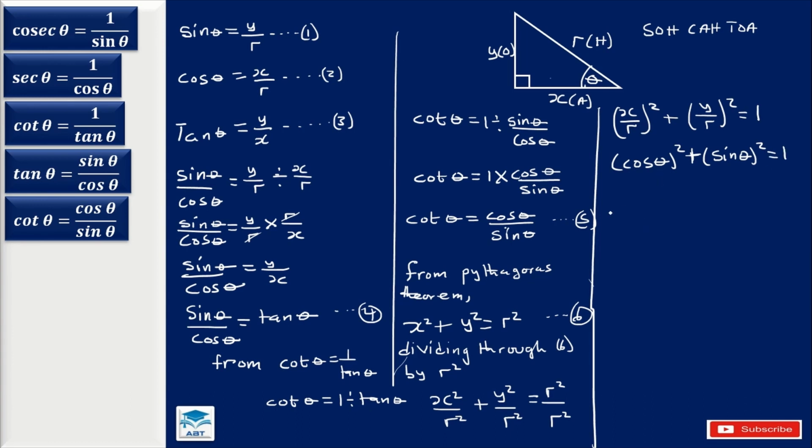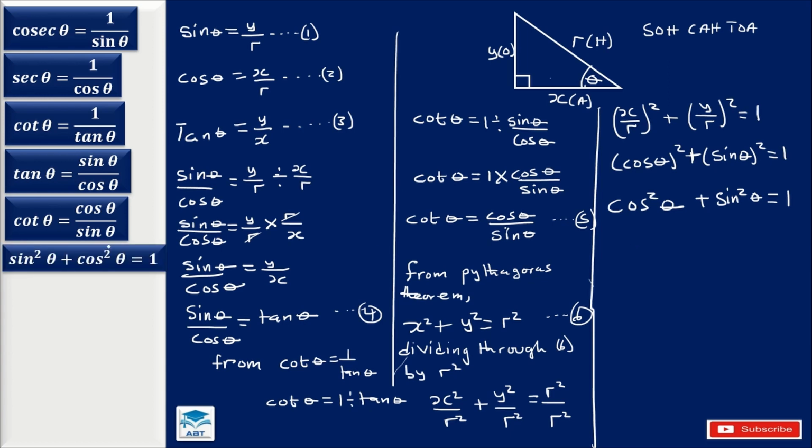And this can be written as cos square theta plus sine square theta is equal to 1. Cos square theta means cos theta all squared. And so this is another trigonometric identity.